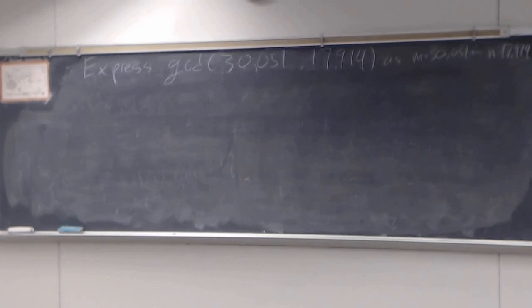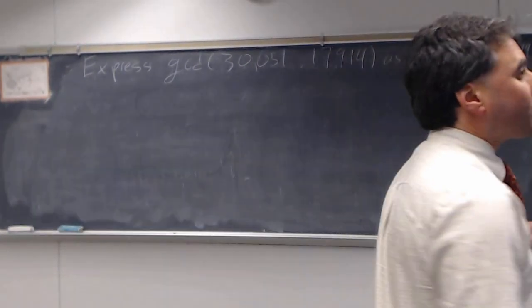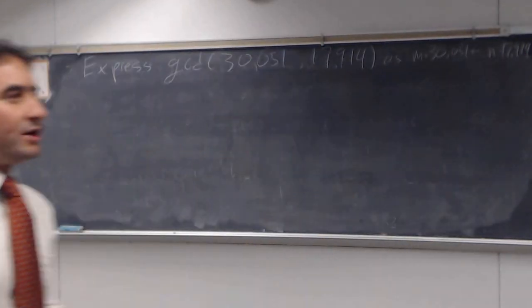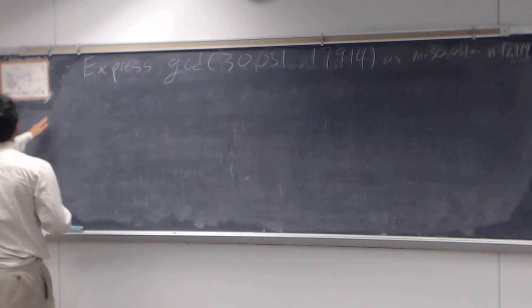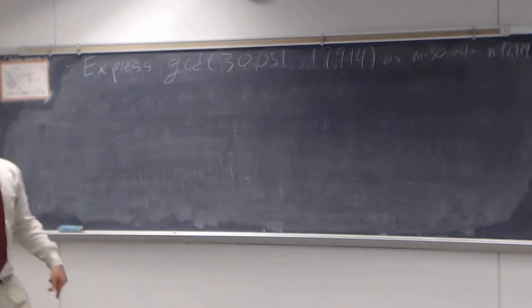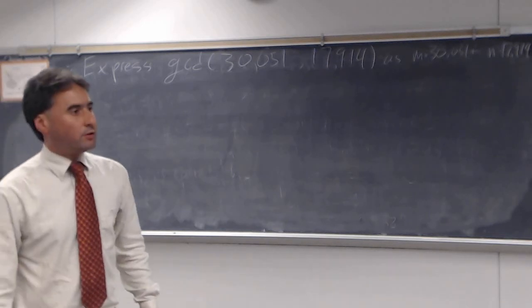So let's see how we can do this. We're really going to use those equations on our previous board. So let me actually write them off to the side here. So we start with this 53.